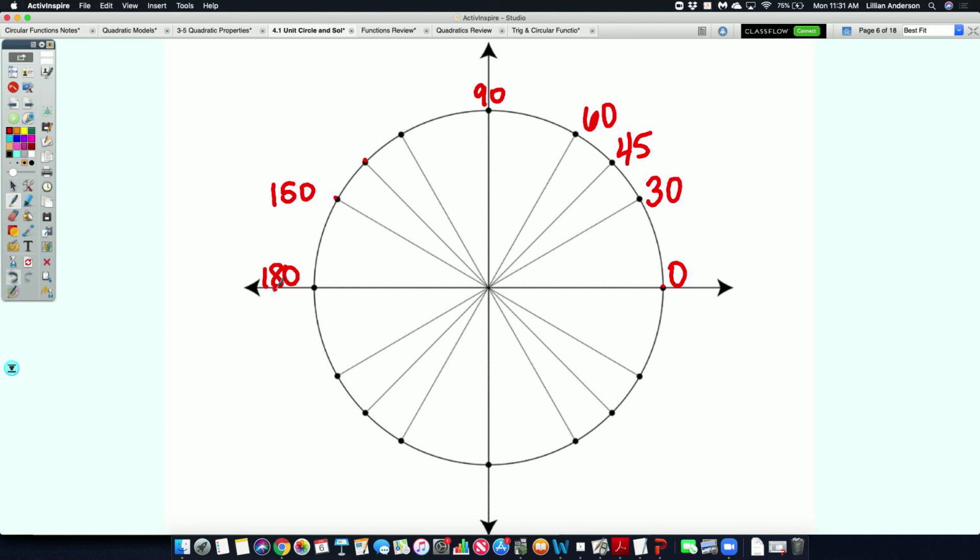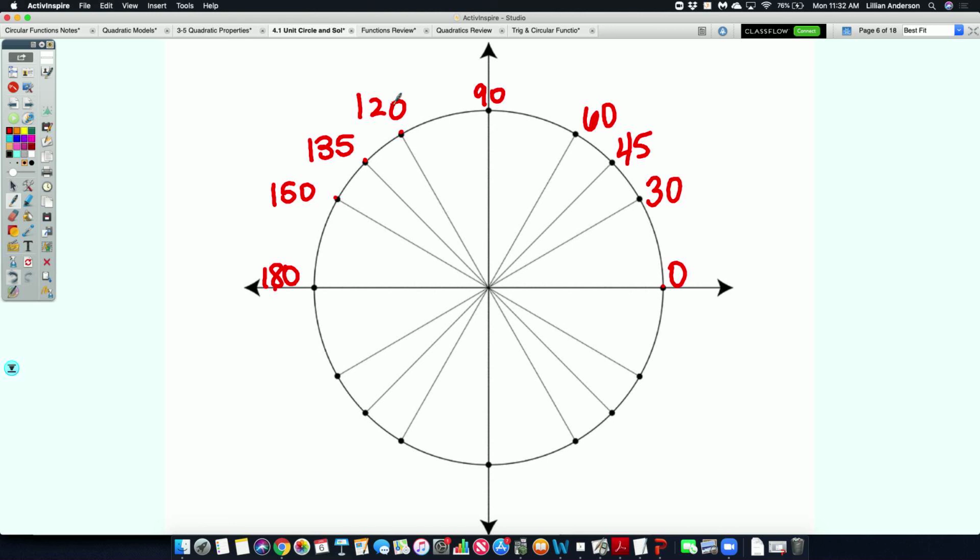This point would be 45 degrees away from 180, which would be 135. And then this top point would be 60 degrees away from 180, which would be what? 120. Now, yes, there's other ways that you could have created those angles, but I'm harping on the fact that everything is in retrospect to the x-axis. Everything's in retrospect to the x-axis.